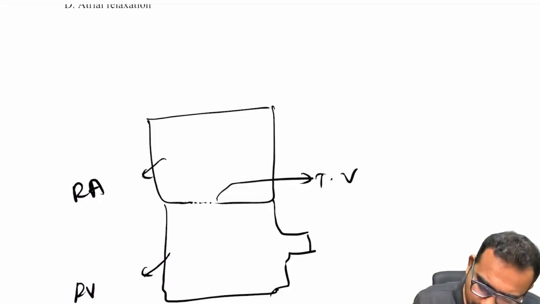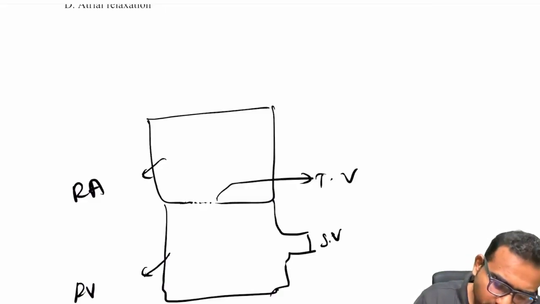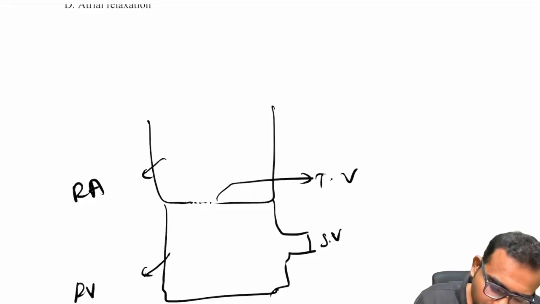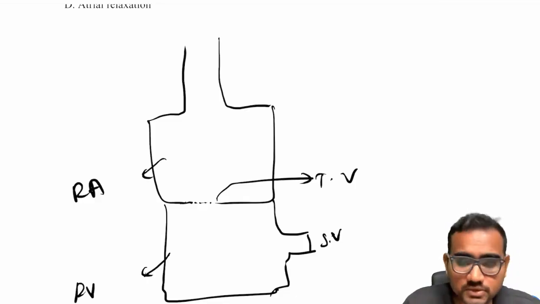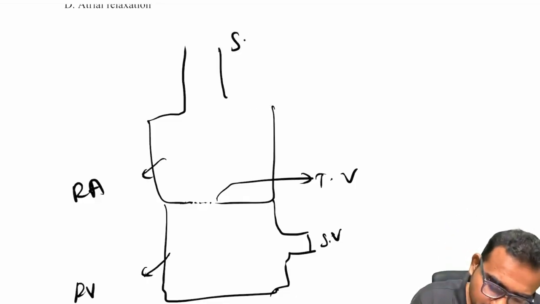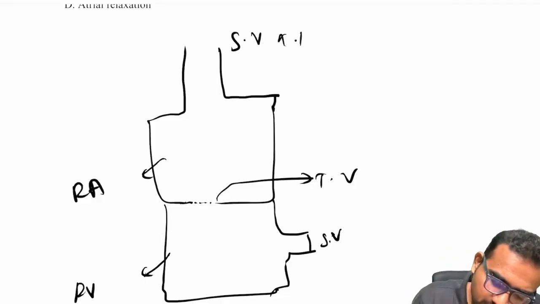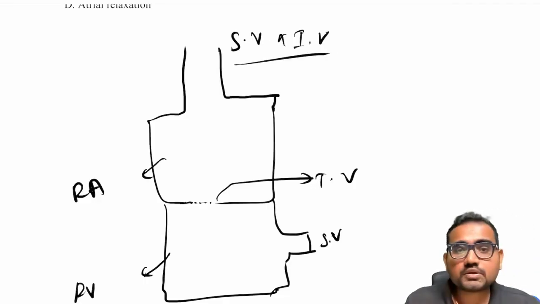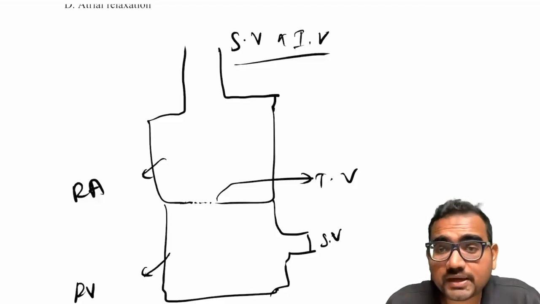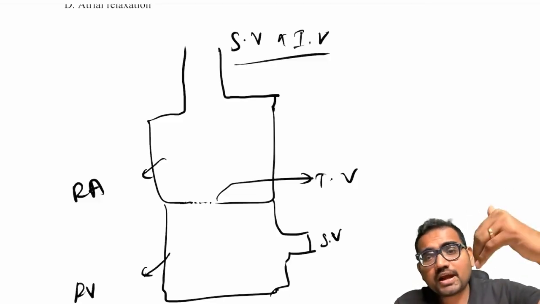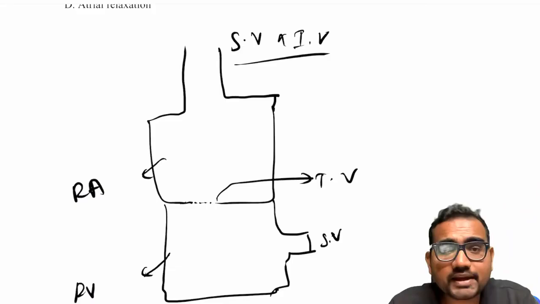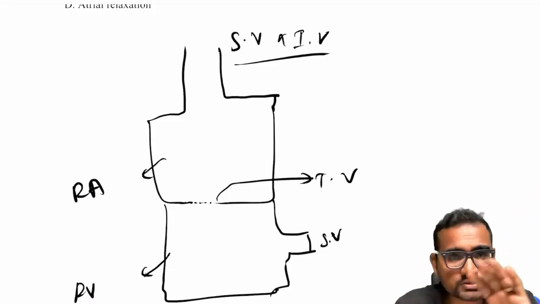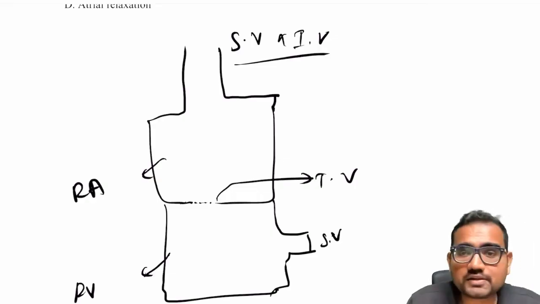These are all the semilunar valves. And if you look on top of it, the right atrium receives blood from the superior vena cava and inferior vena cava. One amazing thing is that the superior vena cava and inferior vena cava do not have any kind of valves like tricuspid or semilunar valves. Okay, so there are no valves here.